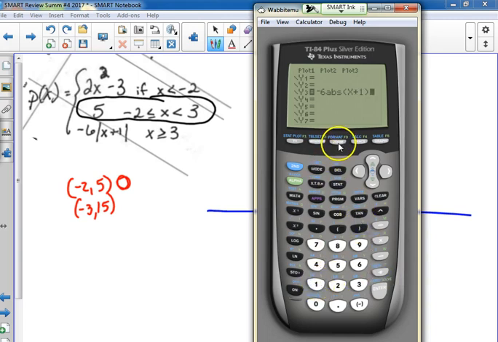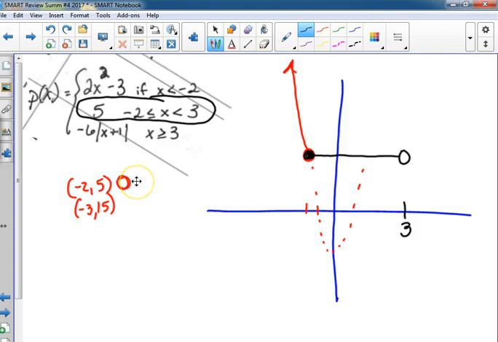If I do a zoom 6 for a standard window and go to my table, at 3 it is down at -24, and then at 4 it's at -30.